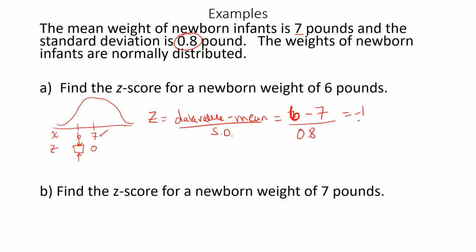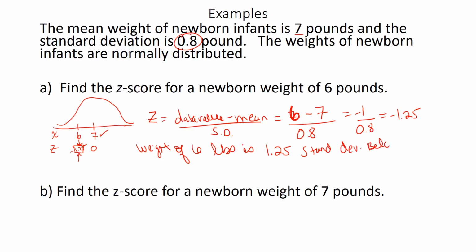So you get -1 over 0.8, and you put that in the calculator, -1 divided by 0.8, and you get -1.25. So that means a weight of 6 pounds is 1.25 standard deviations below the mean.